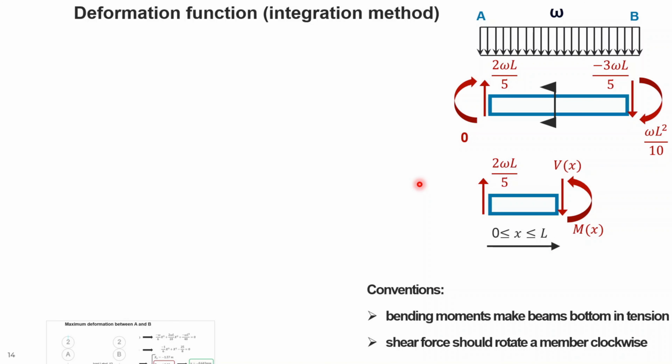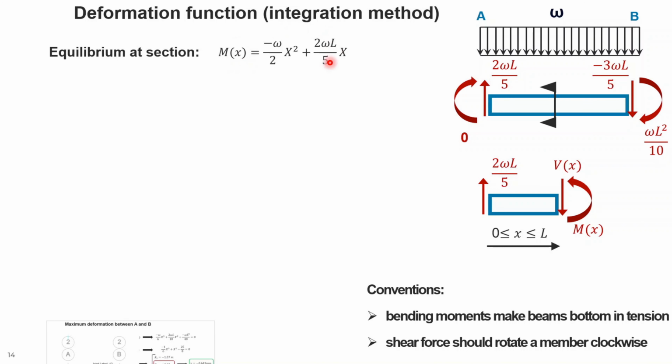And for that purpose, we go to the equilibrium equations, and we can write the summation of moment should be 0, and we can calculate the function of M(x), which varies versus x. If x is 0, it should be 0, and if x is L, it should be omega L squared over 10.